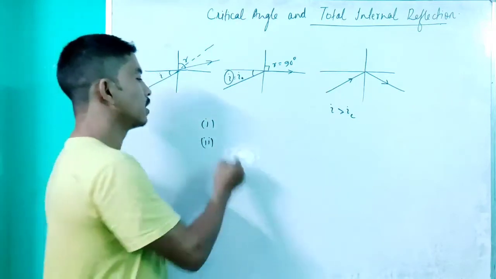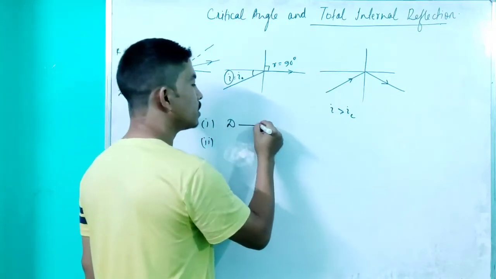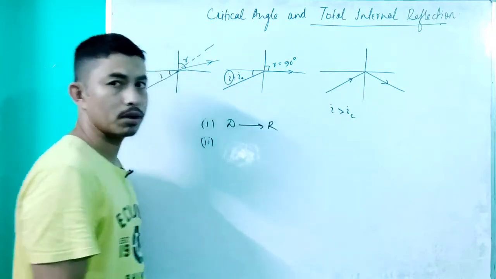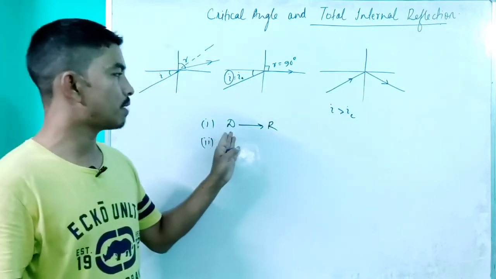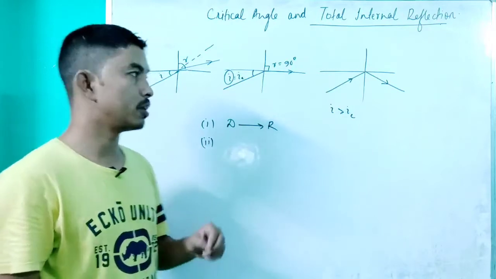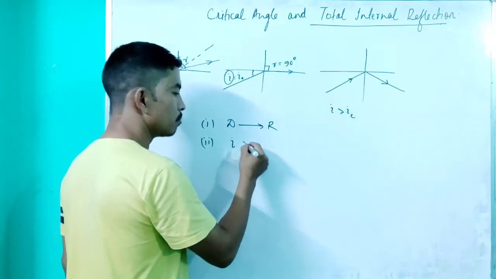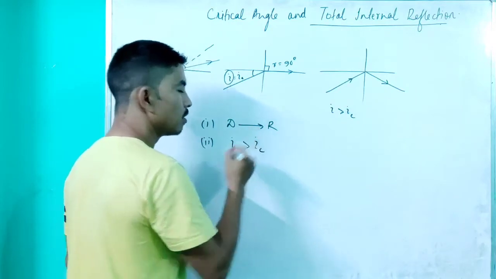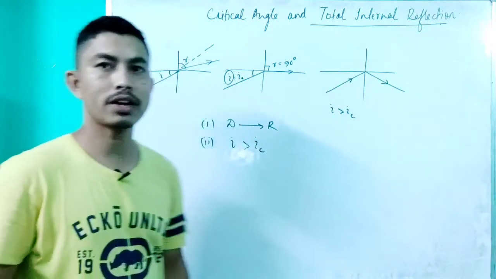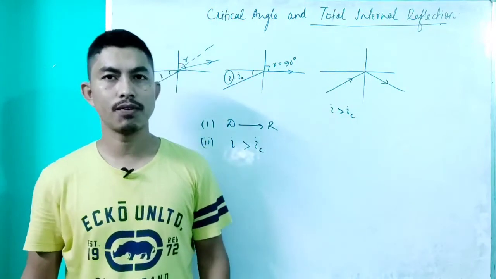The first one is that the ray of light must travel from the denser medium to the rarer medium. And the second is that the angle of incidence i must be greater than the critical angle for the pair of media.